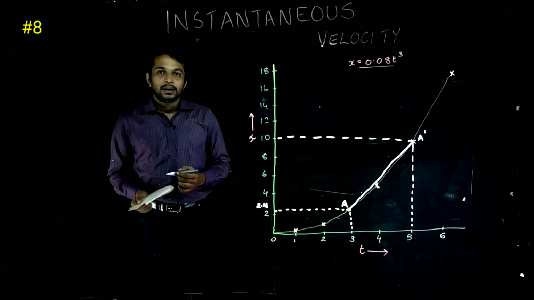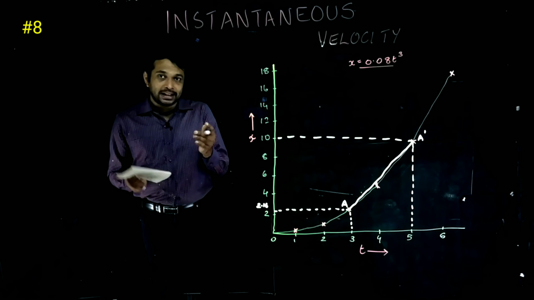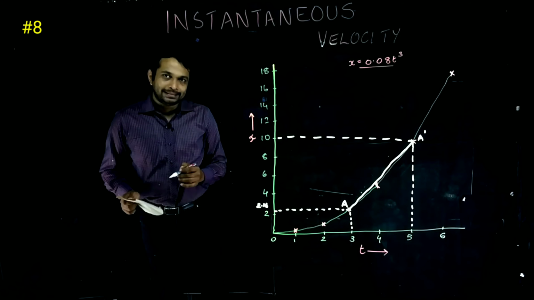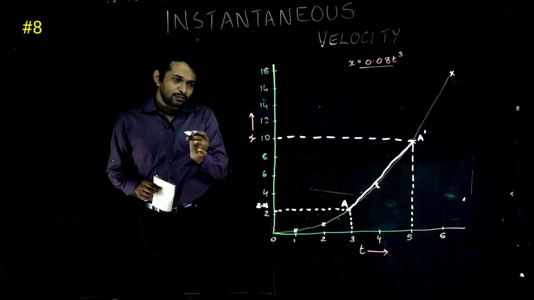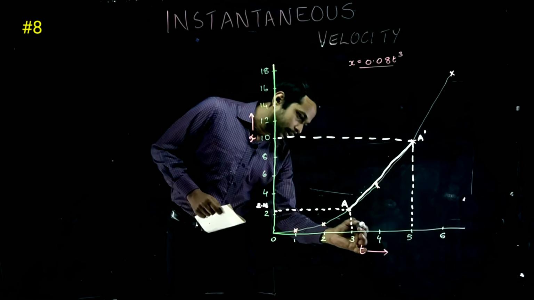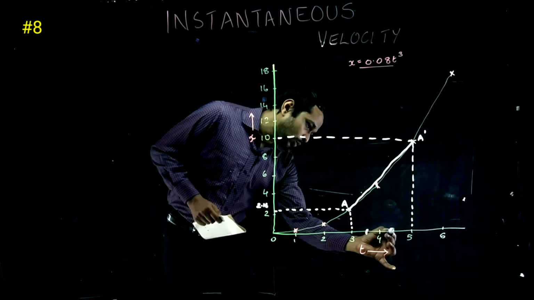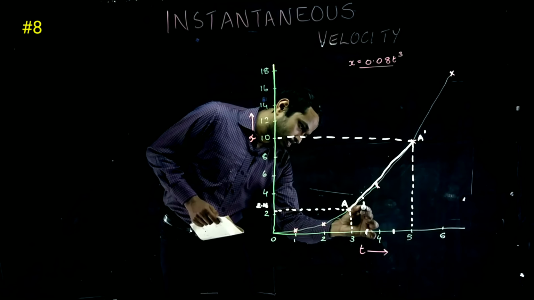Okay, now let's take the next case. We are narrowing down the time. What is the second case? The time is 3.5 and 4.5, right? 3.5 and 4.5.